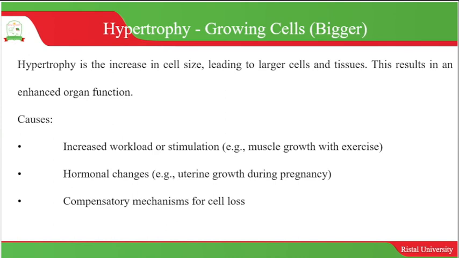So apart from atrophying, apart from becoming small, other cells may also adopt these pathophysiological processes by growing bigger in size, and we call that hypertrophy. So hypertrophy is the increase in cell size leading to larger cells and tissues.